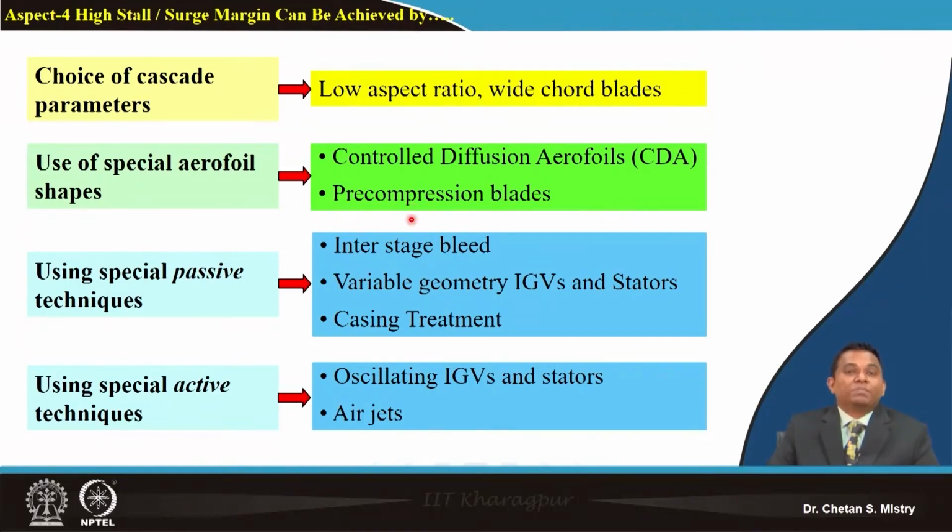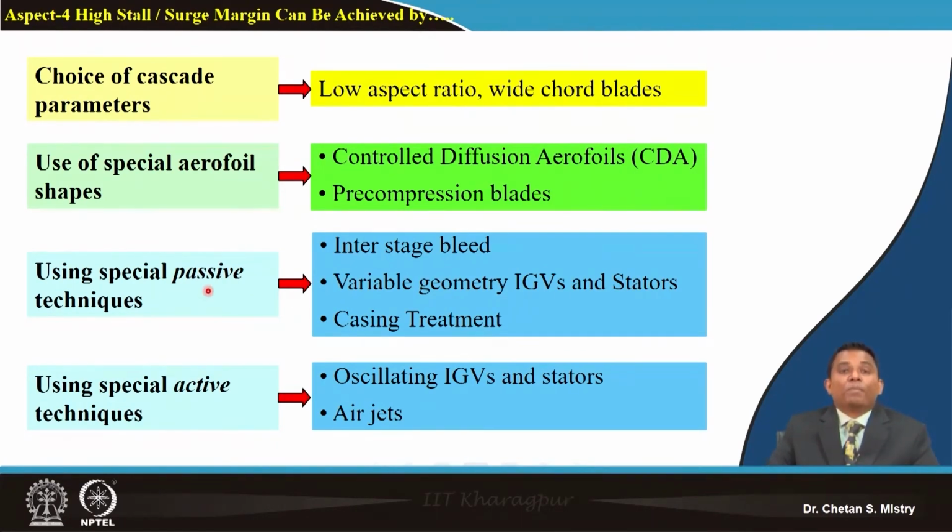These days people are talking about multiple circular arc and S-shaped blades. Under that, we are able to manage the compression on the blade surface, and that helps improve the operating range.